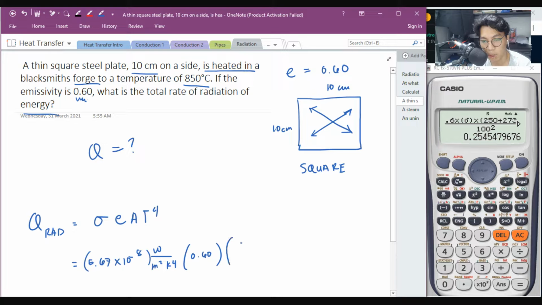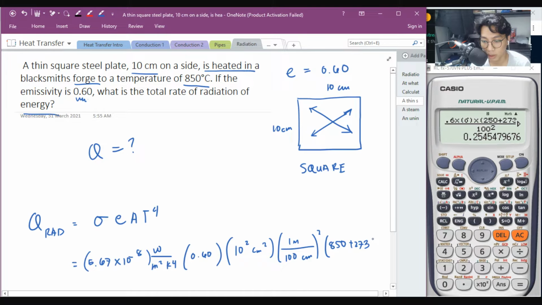The projected area is a square, that is 10 squared cm squared. But we should be in meters, so multiply by 1 meter in every 100 cm squared. Then T to the fourth needs to be absolute value, so 850 plus 273, degrees Kelvin, to the fourth.